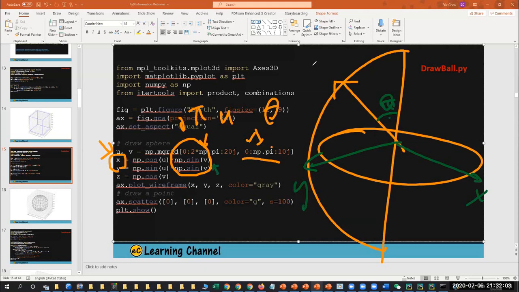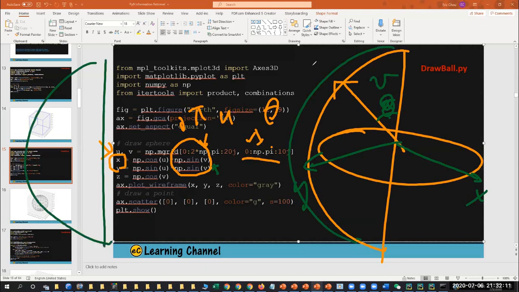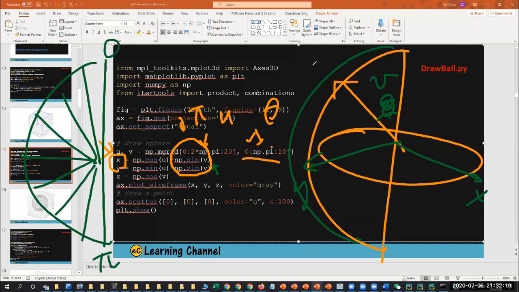This is V. So V is this one. Is that okay? So I think V is sweeping from here to here. V is calculated from here to here. This is the V system we have. But it's from 0 to pi. Is that okay? That's my point.